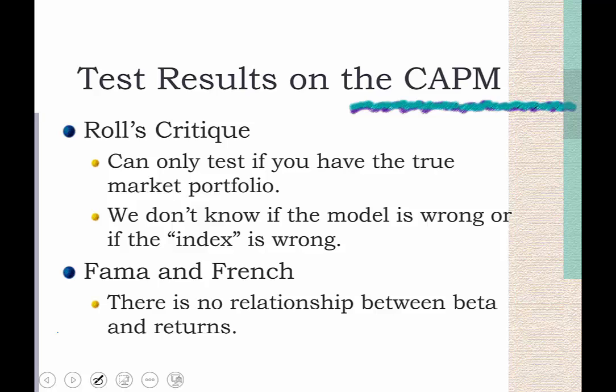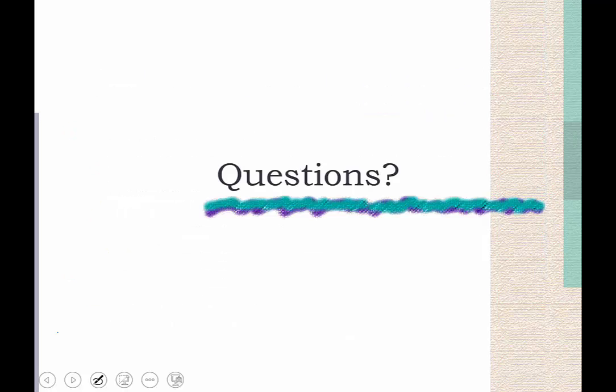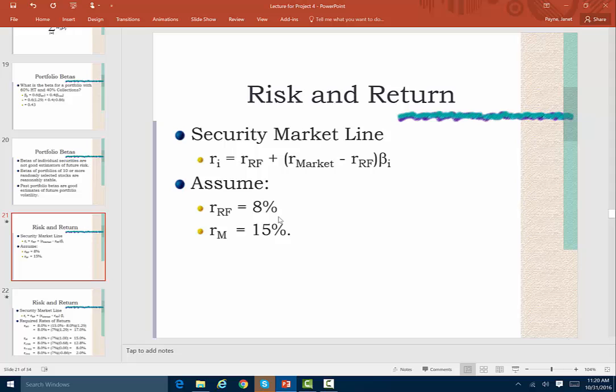And then Fama and French a long time ago said there's no relationship between beta and returns, and they also added some extra independent variables to the CAPM, and that's called the Fama and French 3-factor model, or the Fama-French-Carhart four-factor model, which you may or may not study in 3316.